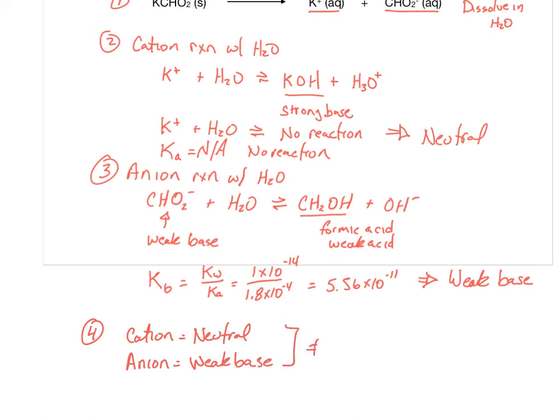And so this is going to result in a basic solution, so its pH should be greater than 7. Okay, in the next slides, I'm going to summarize what I've walked through here so that you can see it much more neatly and you can hear it again.